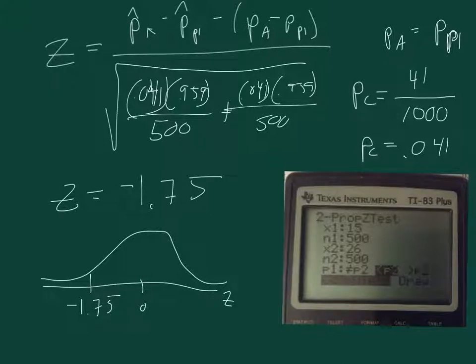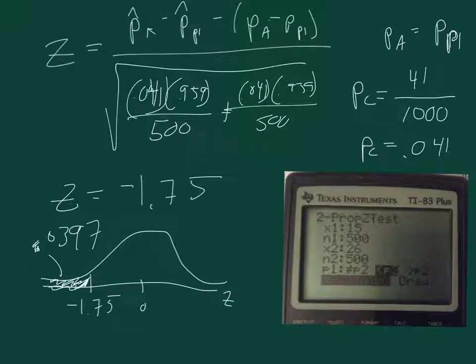And then recall, I'm doing less than, all right, which was my alternative hypothesis. Less than means left end. So this is the area that I shade. And my calculator tells me that my p-value area is 0.0397.